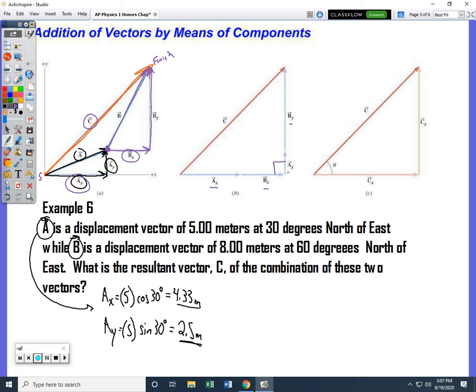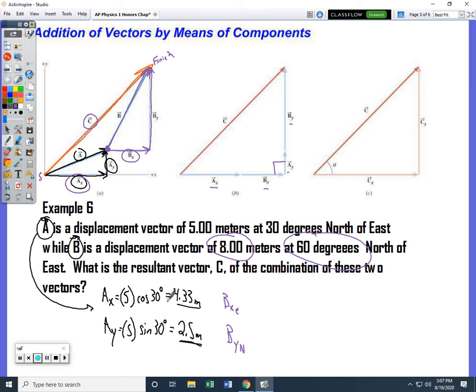Do the exact same thing with my B vector. So take this 8 meters at 60 degrees north of east and find BX and BY. Or if you want to, I suppose this could be B to the east and B to the north.